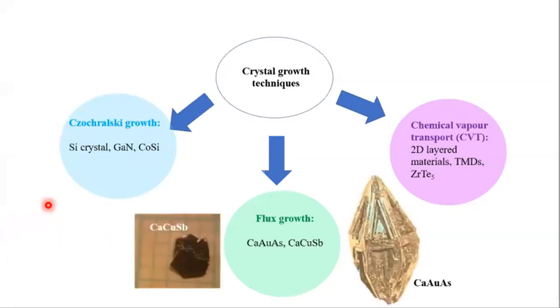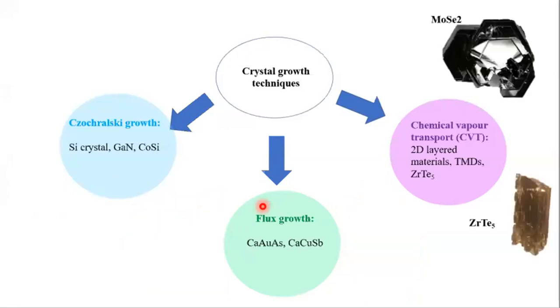The other technique is flux growth. The crystals you can see here are grown in our lab. This is a calcium based crystal. Here you grow the crystal from a supersaturated solution. I will come to that point one by one. The second is chemical vapor transport.